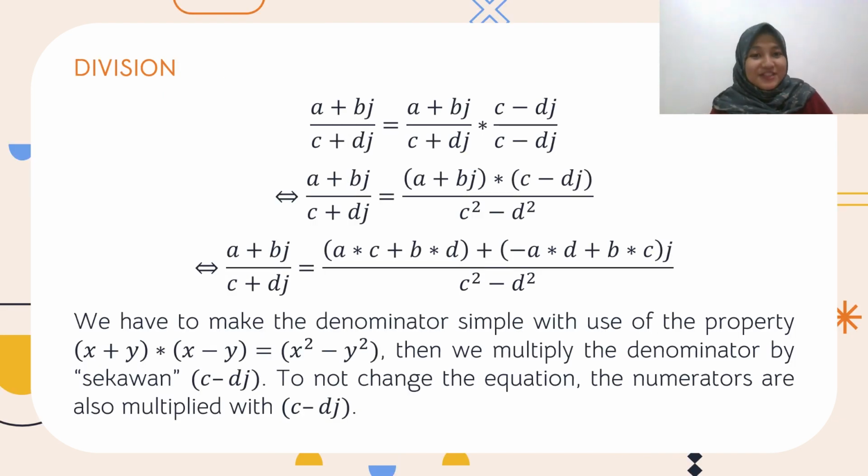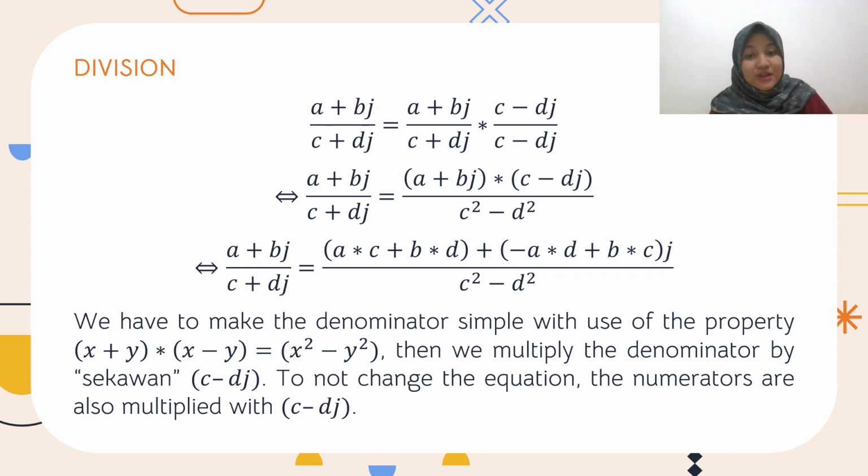The last one is division. The equation of the division of complex numbers is (a plus bi) over (c plus di) equals (a plus bi) over (c plus di) times (c minus di) over (c minus di), which equals (a plus bi) times (c minus di) over c squared minus d squared.